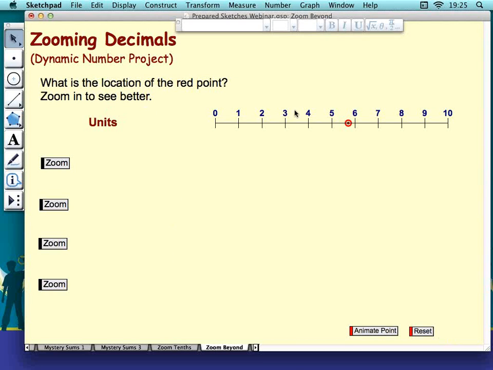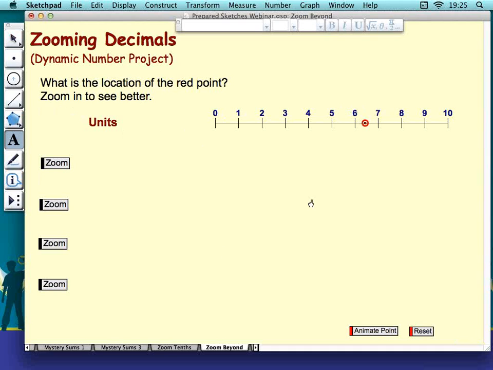So the zooming decimals activity gets us from the realm of whole numbers into decimals. And we have a point here on the number line. In the activity, students try to estimate where this point is between, well, right now it's between 6 and 7.